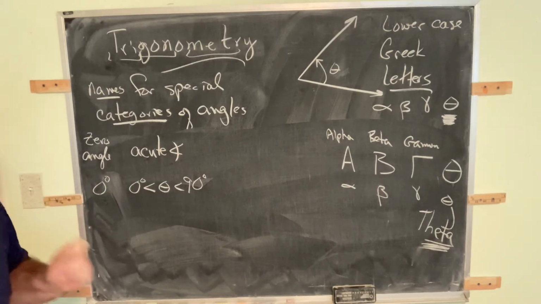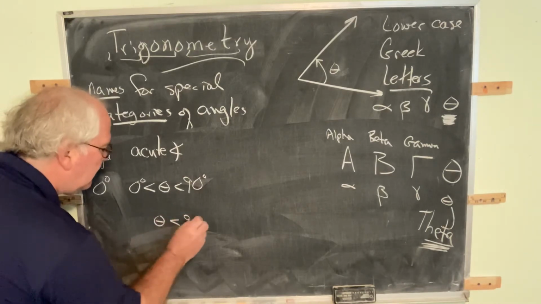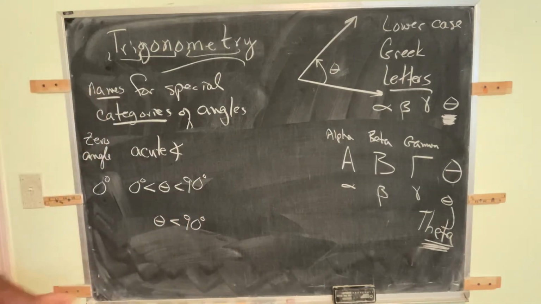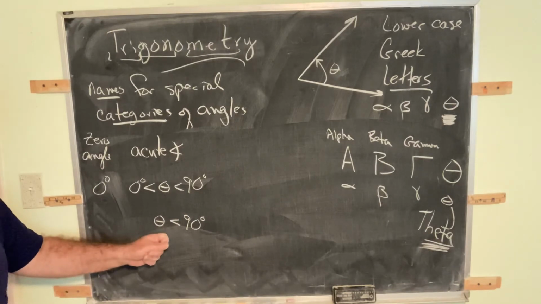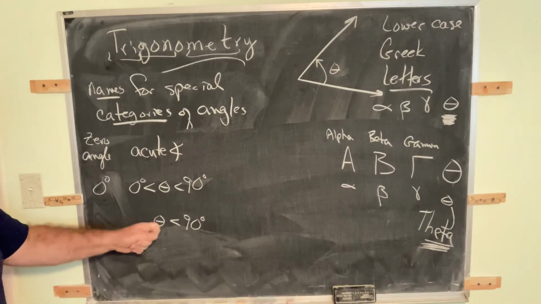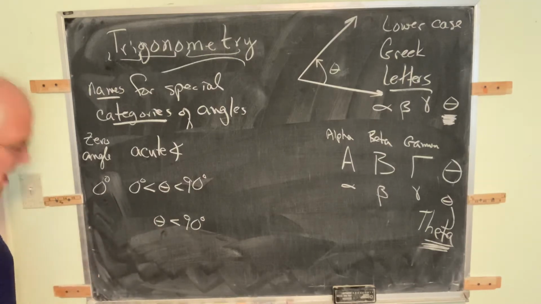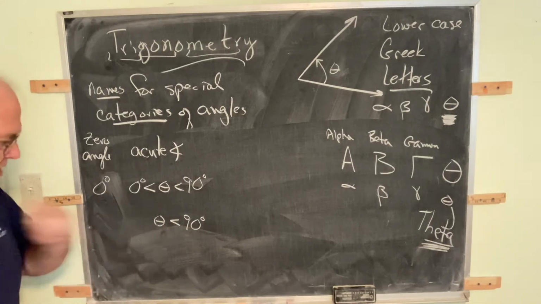Now, some students would write this. This is not correct, because it is possible to come up with a value for theta that meets this requirement, and everyone knows it is not an acute angle, and it's very easy to do that.